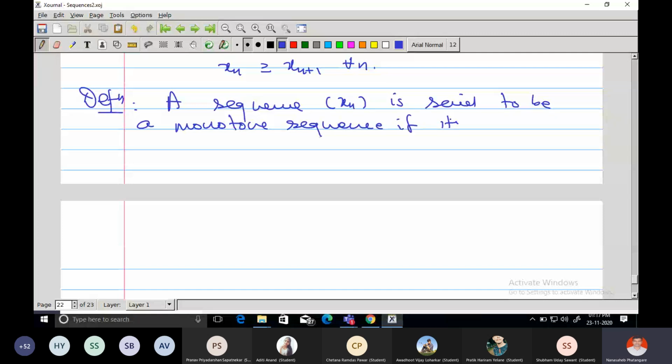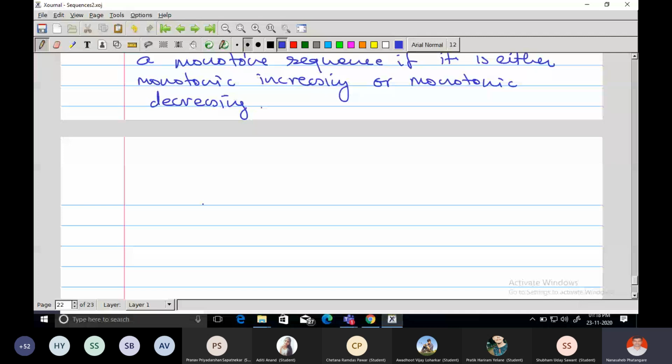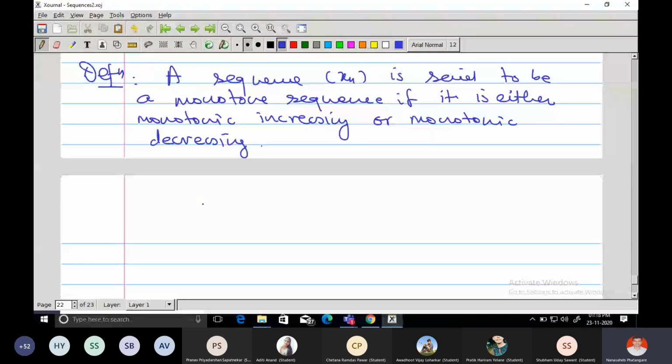Right, so a sequence is a monotone sequence if it is either monotonic increasing or decreasing, whichever it is, it is called a monotone sequence. Right, so the definition of monotone sequence is clear. Okay.